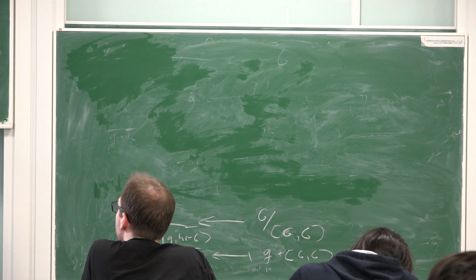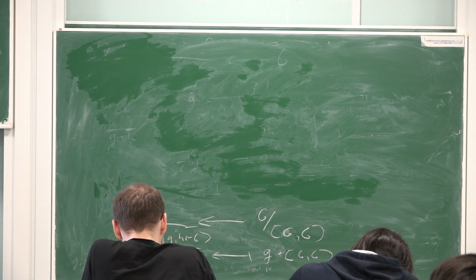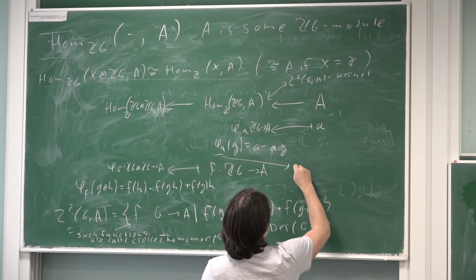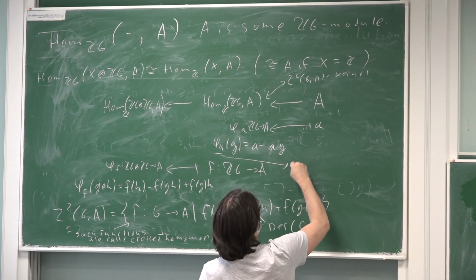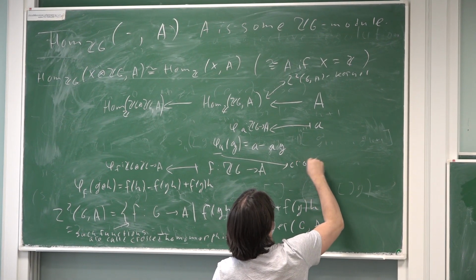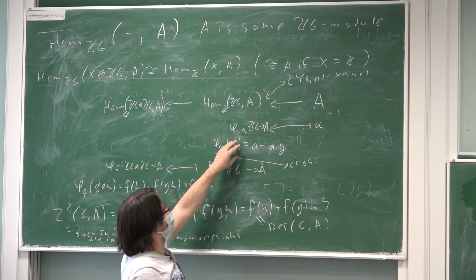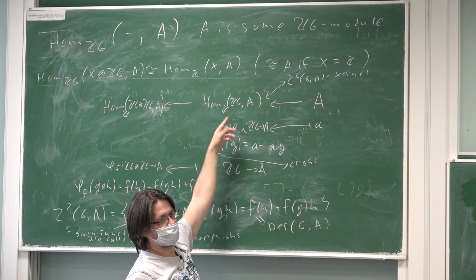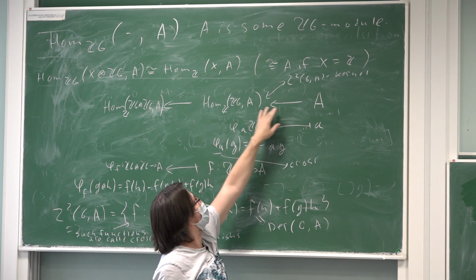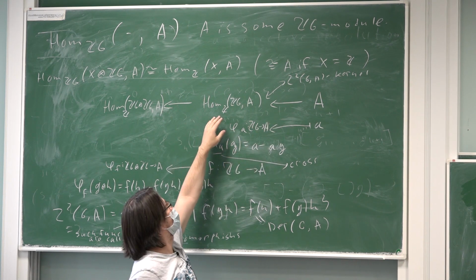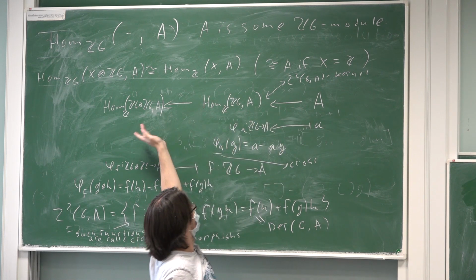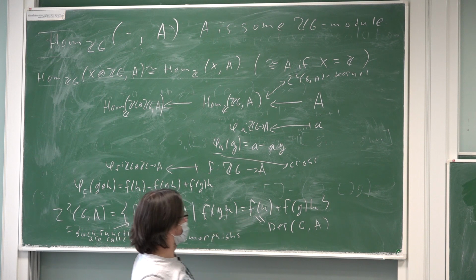I'm going to finish; I only finish this part. Such maps phi A are of course crossed homomorphisms because this sequence is a complex, so the composition is 0. If you get something here from here, it goes to 0, and this means that it is a crossed homomorphism.